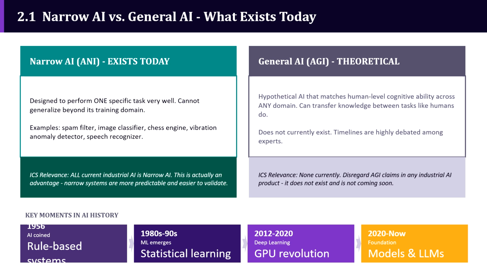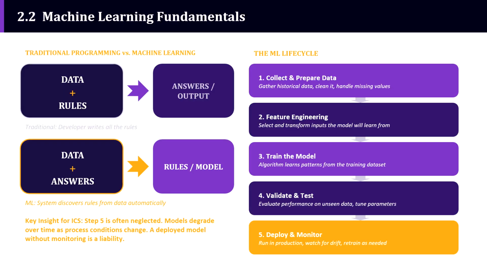Second, and this is actually good news for industrial control systems, narrow artificial intelligence is more predictable and easier to validate than general artificial intelligence would be. A system that only does one thing within well-defined boundaries is much more amenable to the kind of rigorous testing that safety-critical environments require.